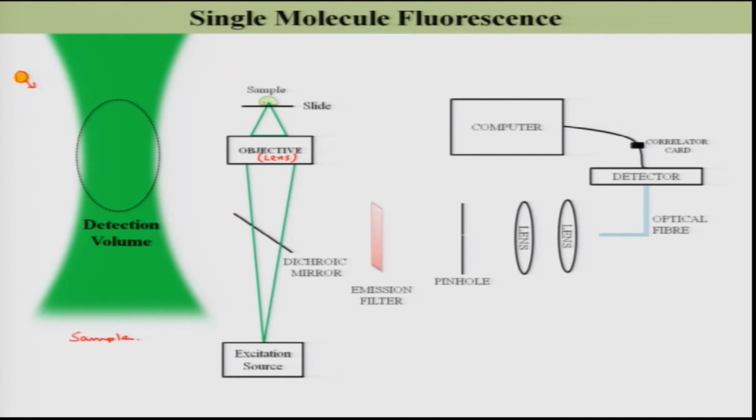When this molecule comes into this green region, you get fluorescence, and when the molecule goes out of the excitation region, there is no fluorescence. When the molecule comes in again, it shows fluorescence again, and so on and so forth.